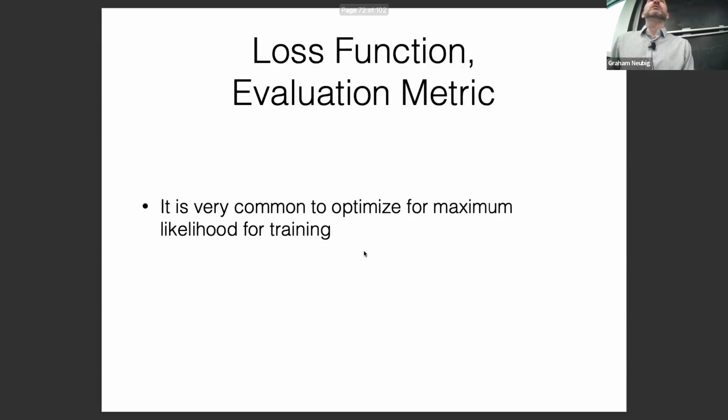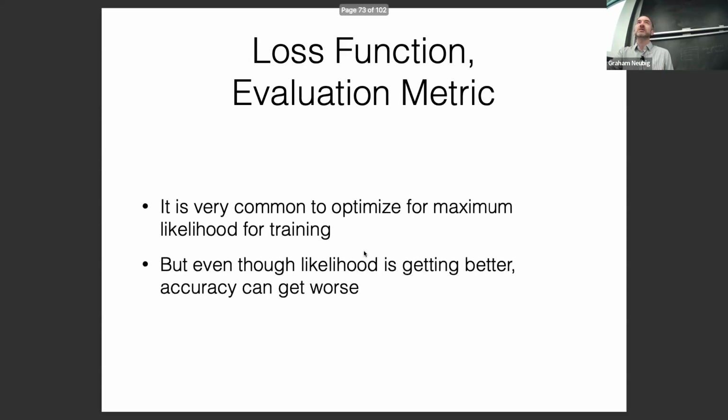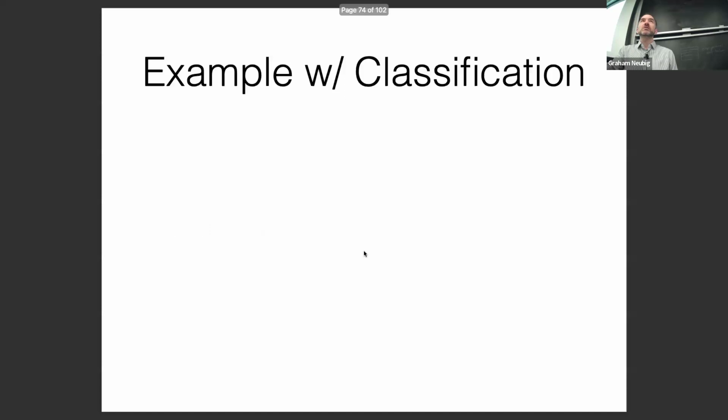As I said in the reinforcement learning class, it's very common to optimize for maximum likelihood for training, but there's all kinds of problems with this, with respect to it not being sensitive to mistakes, and not being sensitive to your generation algorithm. But even though your likelihood is getting better, accuracy can get worse.